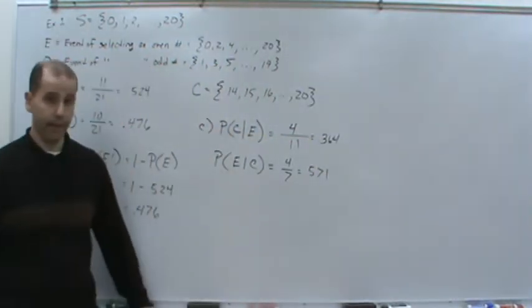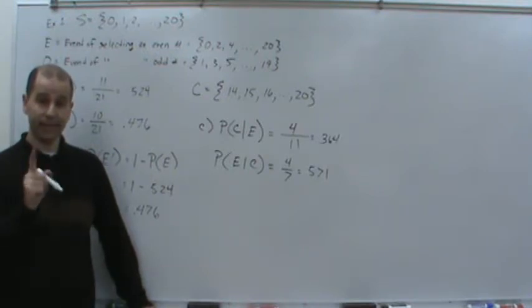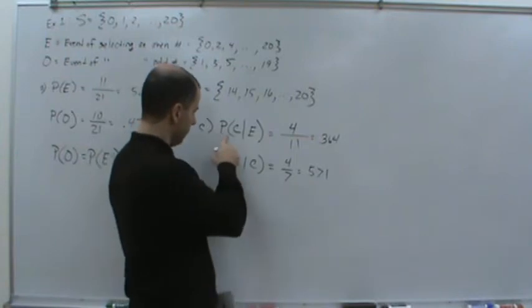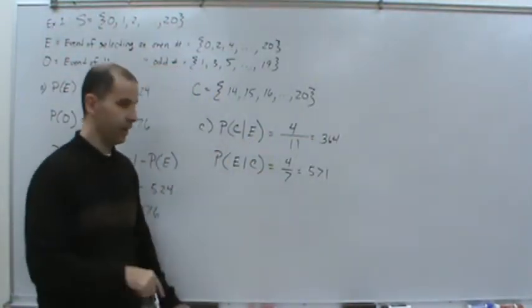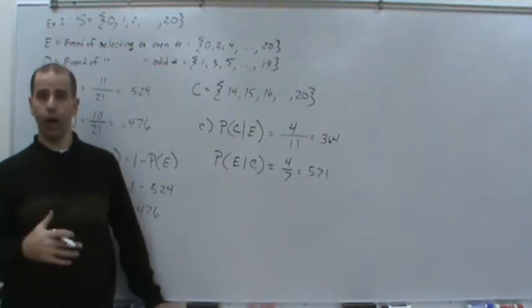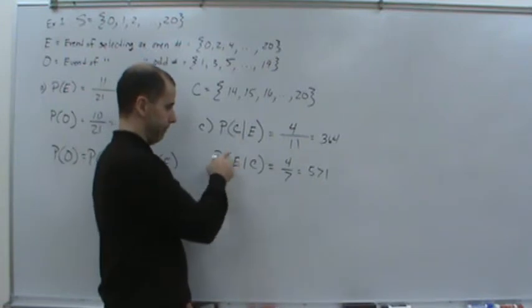Those two probabilities are not the same, and that's going to be important later. So remember this: the probability of C given E and the probability of E given C will usually never be the same.